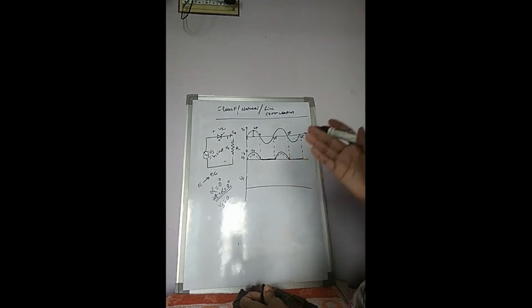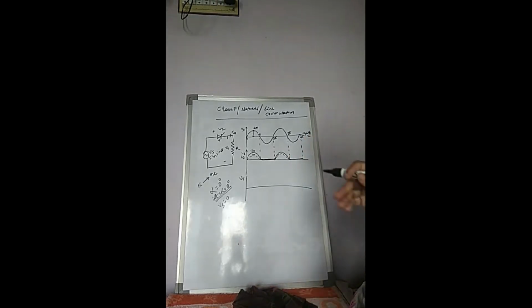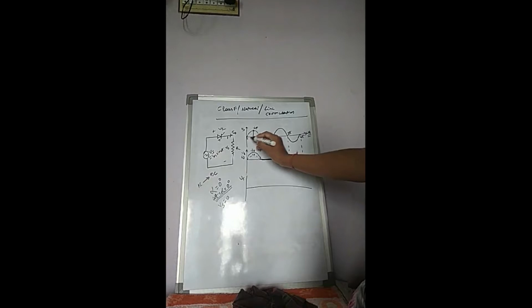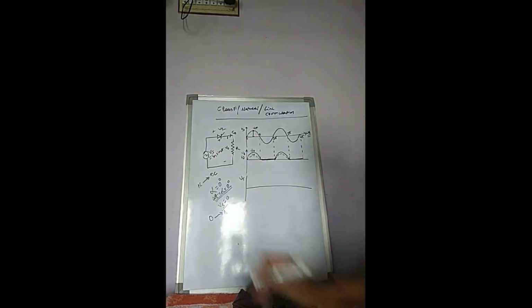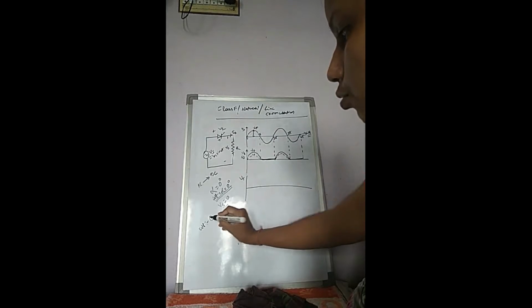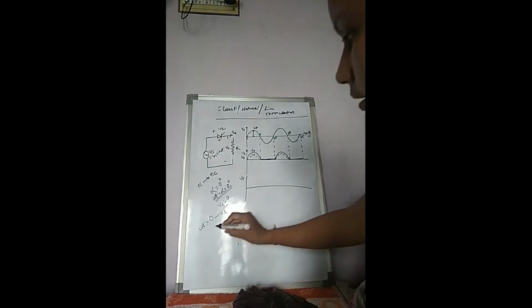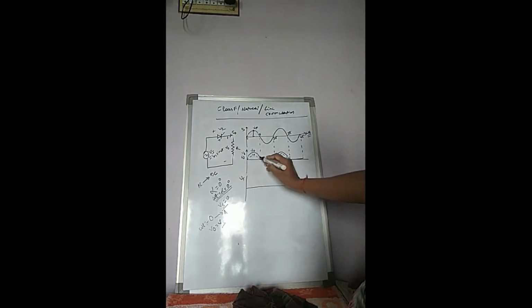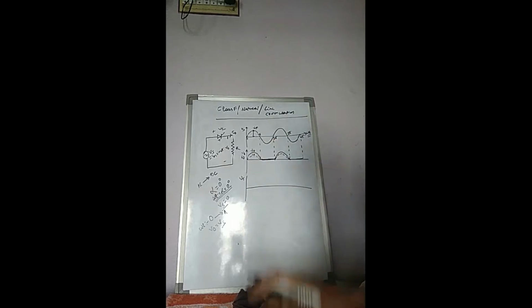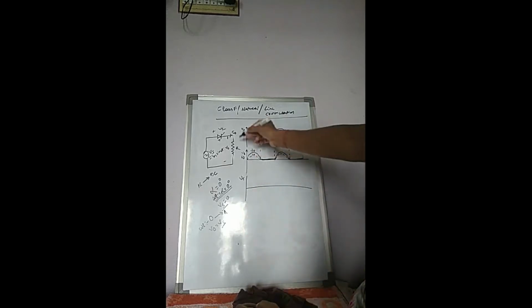So during positive half cycle, that means from this to this, positive half cycle means 0 to pi. Okay, omega t is 0 to pi. So here V0 is equal to Vs. This is V0 is equal to Vs. And this is the wave of the load current I0, which is identical with the wave shape of V0 due to the resistive load.